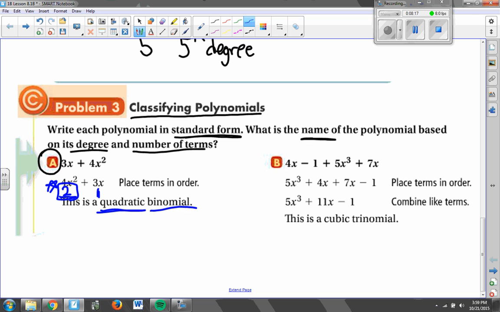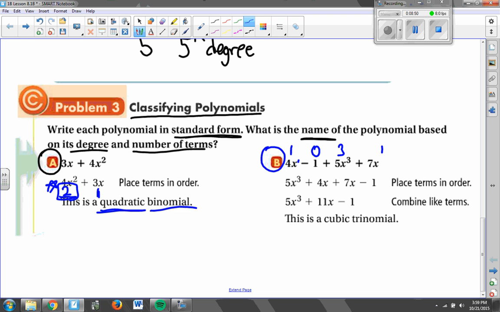All right? Over here, we have a more complicated example, which is 4x minus 1 plus 5x to the third plus 7x. Now, the degree of 4x is 1, because it's 4x to the first power, minus 1, which doesn't have any letters, so it's a 0, plus 5x to the third, that degree is 3, plus another 7x, that's 1.